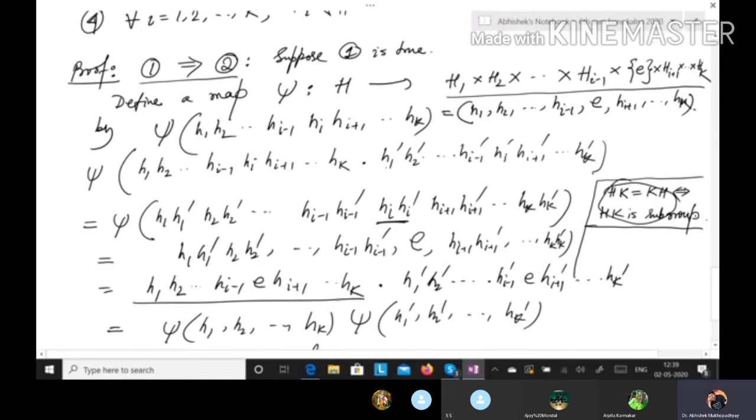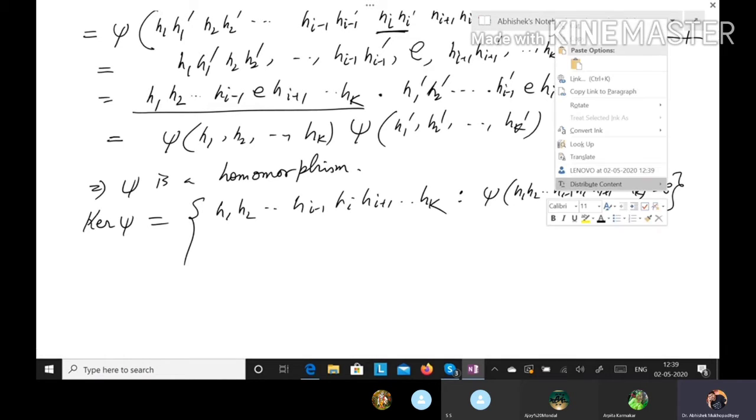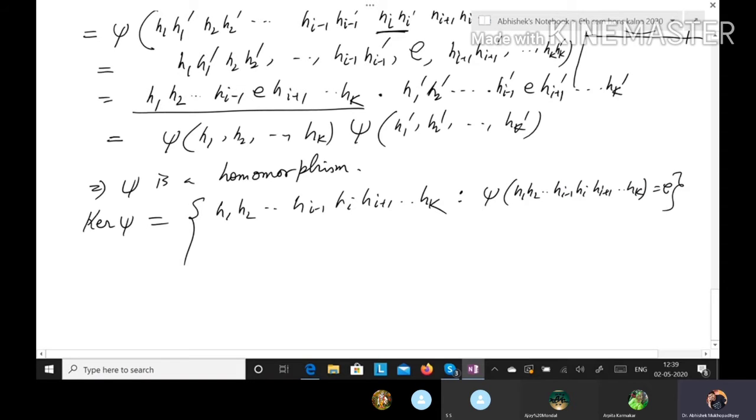So what is the identity of this group? This identity is actually e, e, e, because each one is a subgroup of the group G.